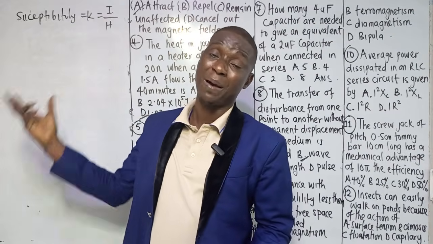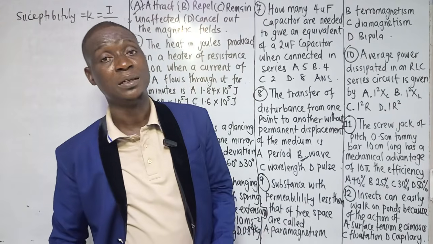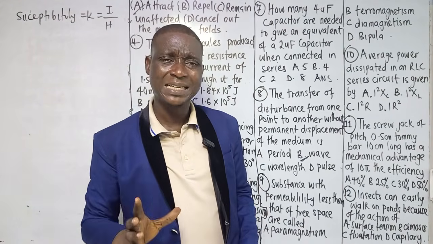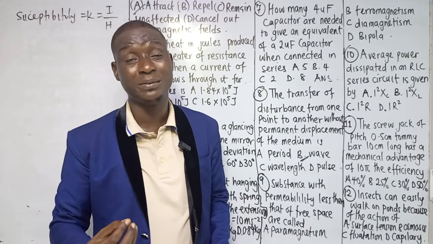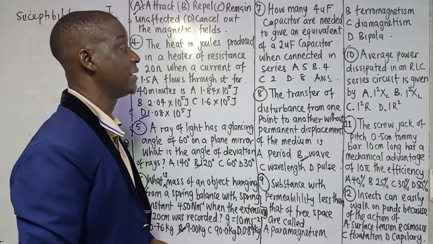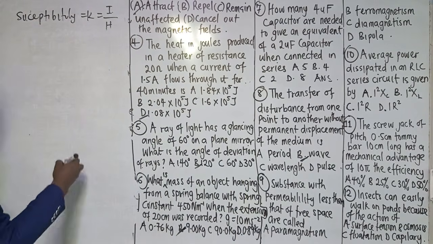Magnetization is measured in ampere per meter, while the magnetizing force is measured in Tesla. Now, when you are talking about negative susceptibility, you are talking about diamagnetism. And before I forget, what are the examples? You can use this shortcut.